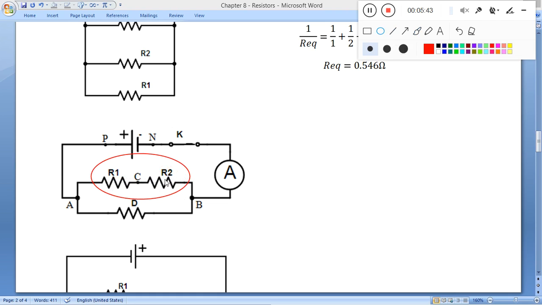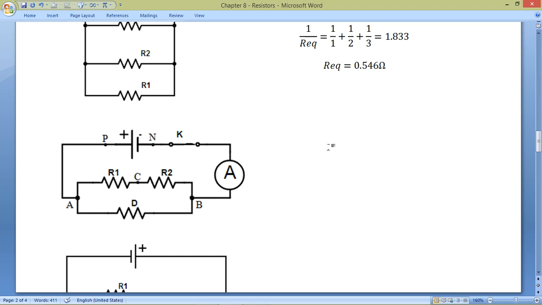Now, if we draw another circuit, but instead of R1 and R2, we substitute an equivalent resistance called R12, this equivalent resistance R12 is parallel to this third resistor.